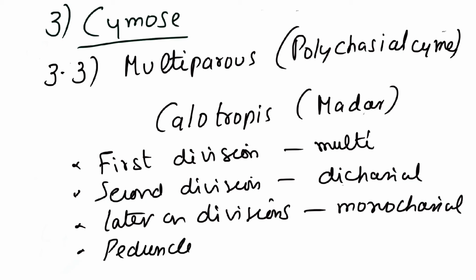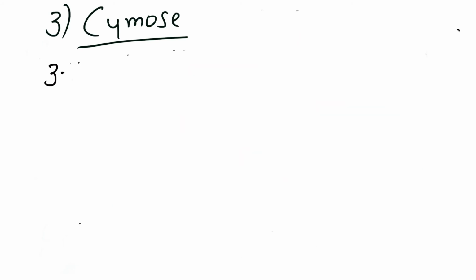So note that point. Multiparous inflorescence under Cymose doesn't mean that the whole thing is multiparous. It also constitutes the other two types of Cymose inflorescence. So don't forget that point. And here the peduncle is sympodial.